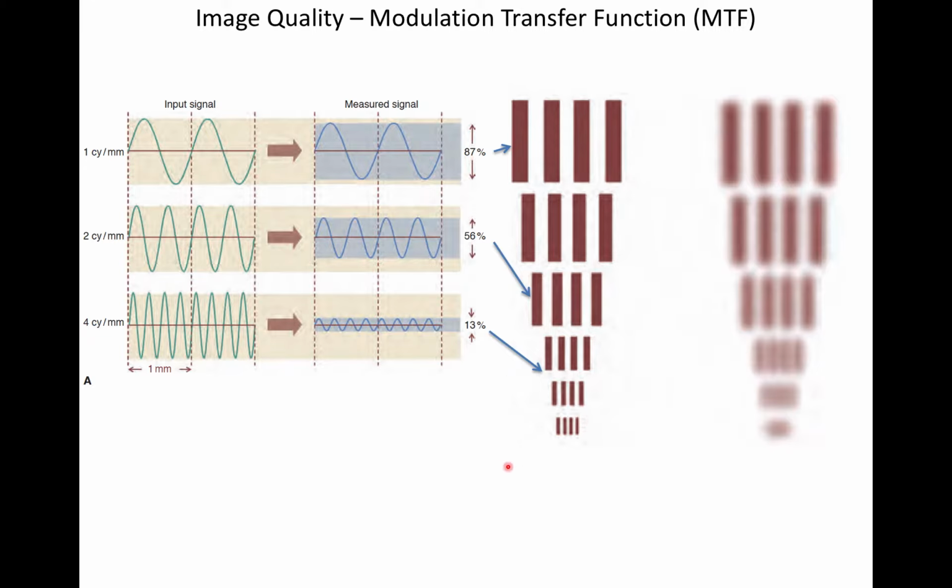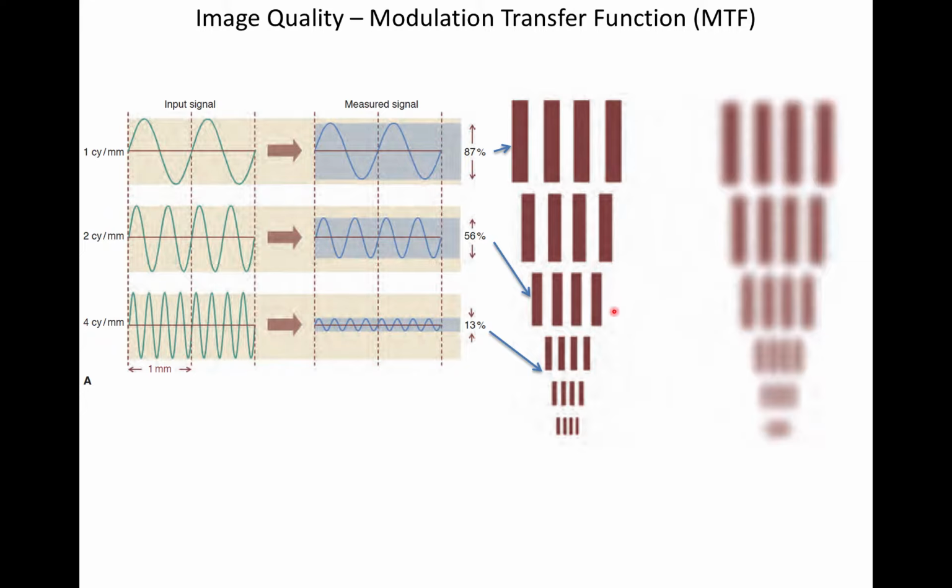If my imaging system attenuates low frequencies very little, say 90% of this signal goes through, the output looks like this. The edges are blurred, but you can see the fundamental frequency is still there. You still have maximum contrast between the trough and the peak.